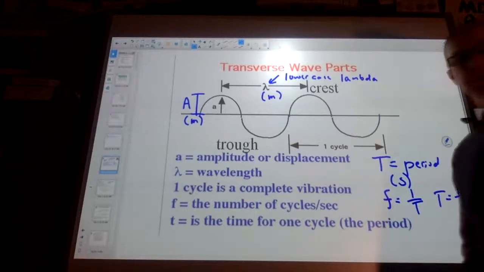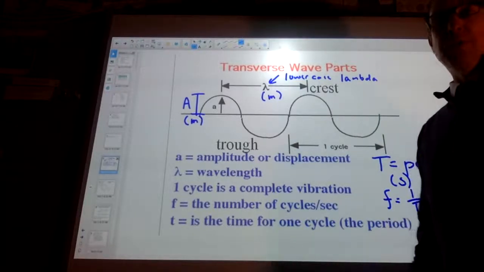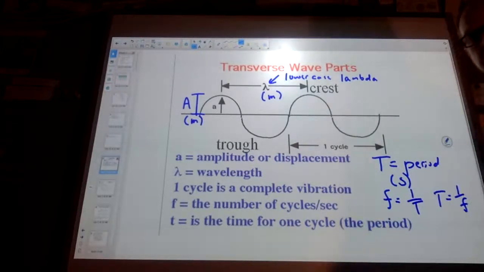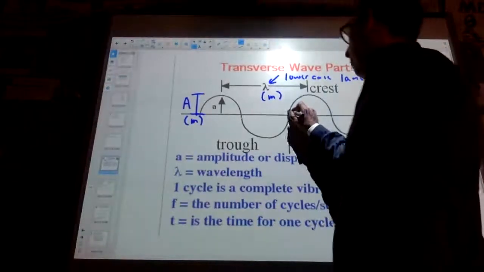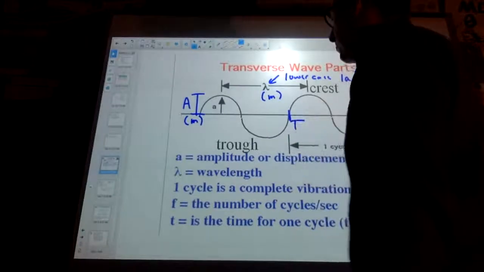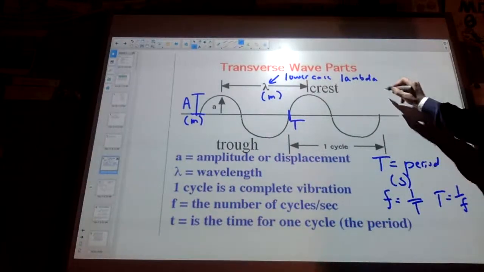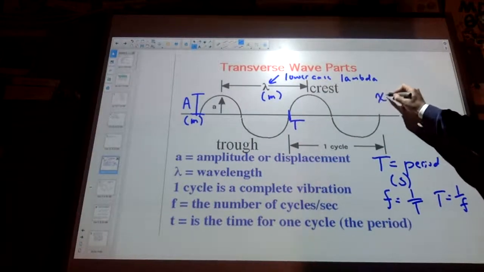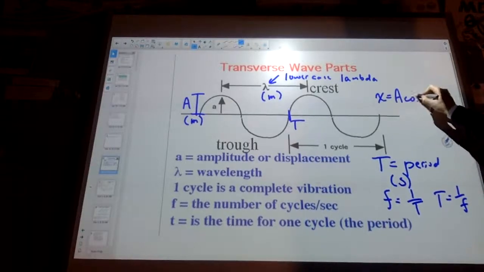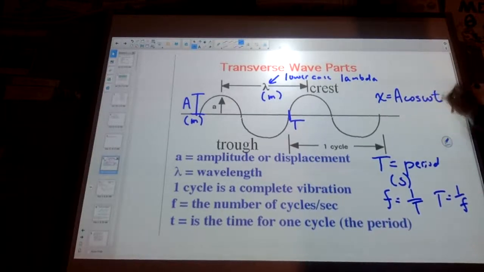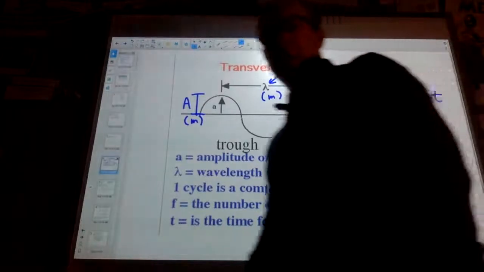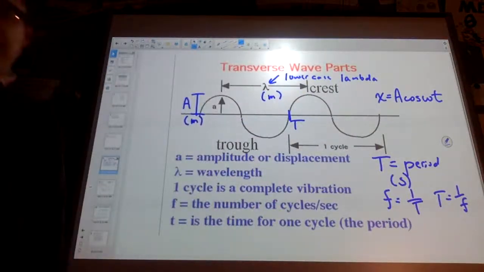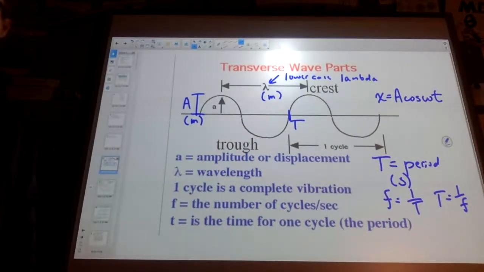And like I said, we usually use the one that's greater than 1. So in this case, this would be our period, and we know that we can represent our graph as x equals A cosine omega t.